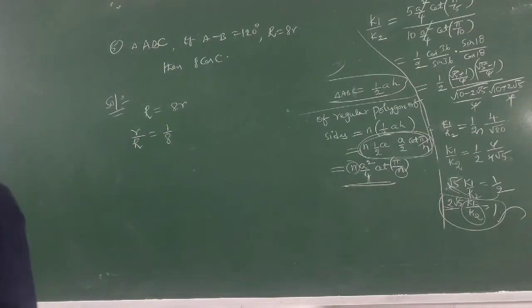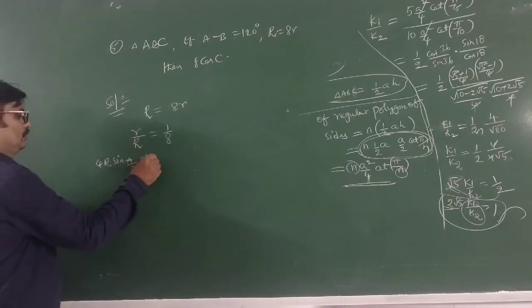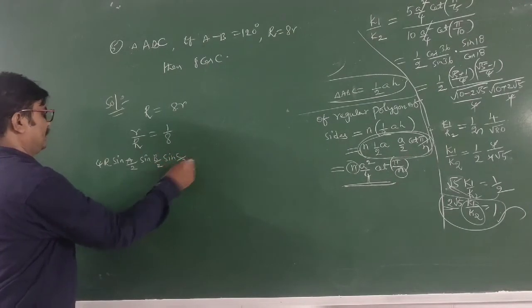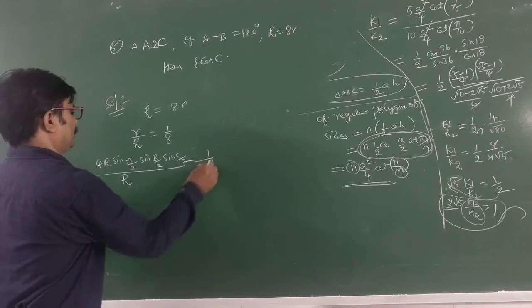Now, we know the formula of small r is 4R sin A by 2 into sin B by 2 into sin C by 2, upon R. This is 1 by 8.